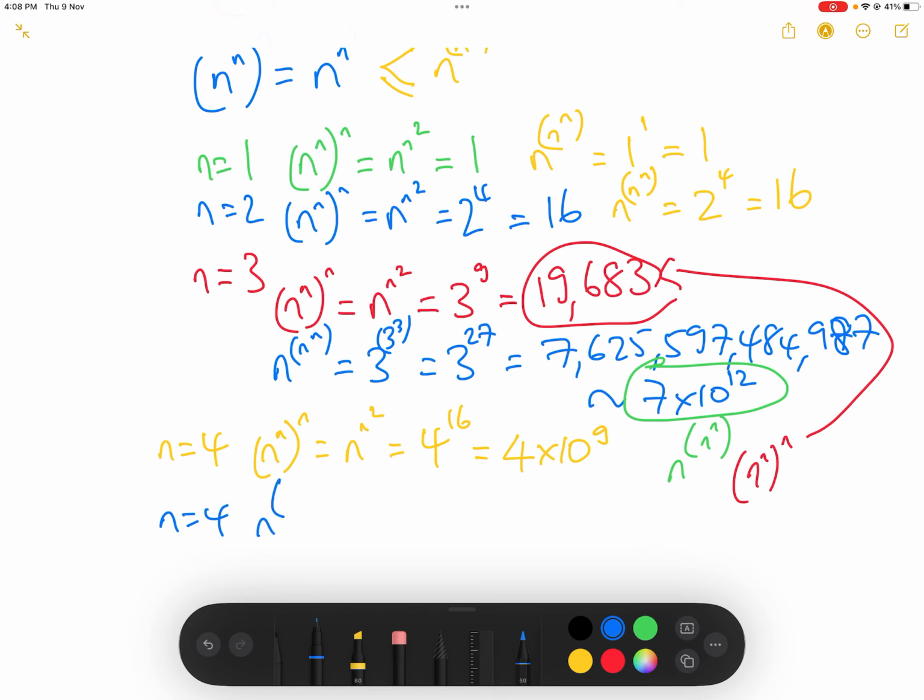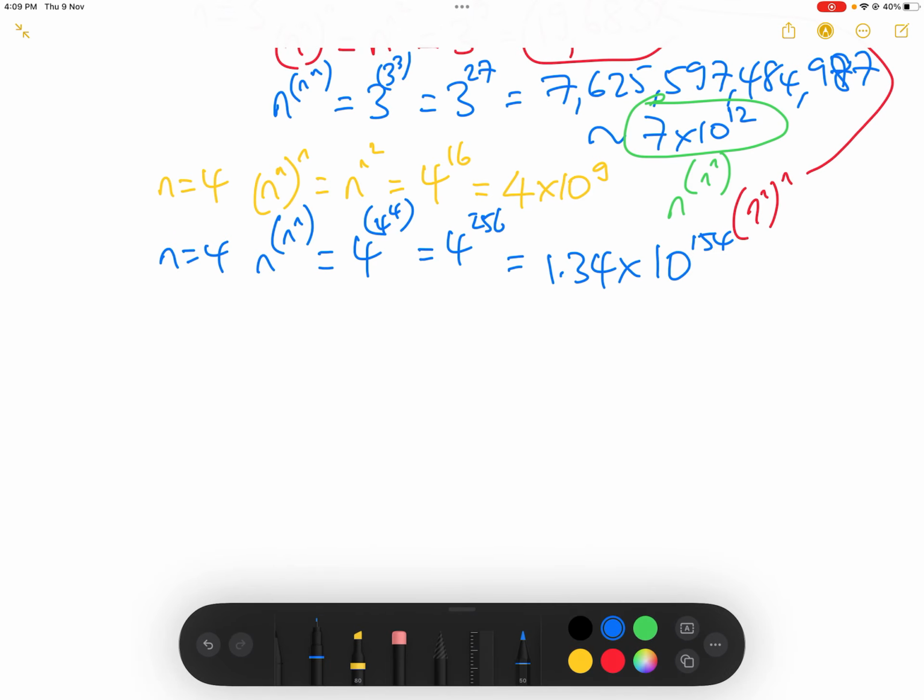Whereas if we take n equals 4 for n to the power of n to the power of n, which is 4 to the power of 4 to the power of 4, which is 4 to the power of 256. I haven't worked this out in my head, I had to use Google again. It is 1.34 times 10 to the power of 154, which is 1 with 154 zeros after it.